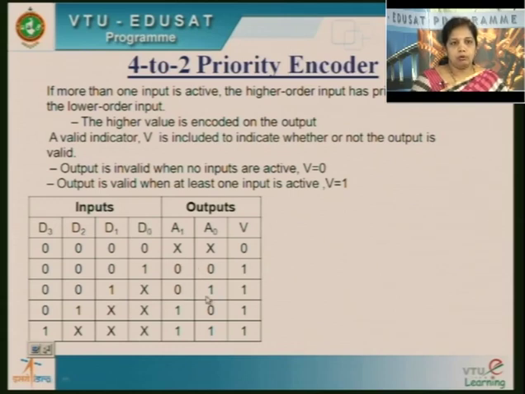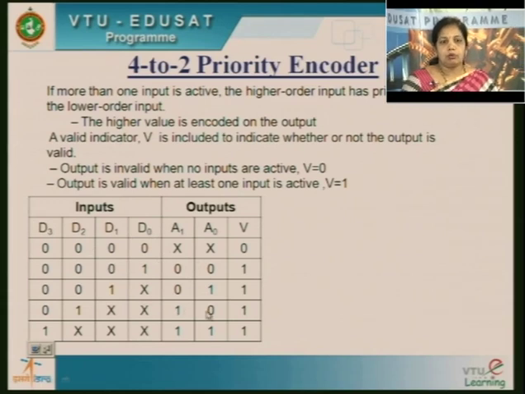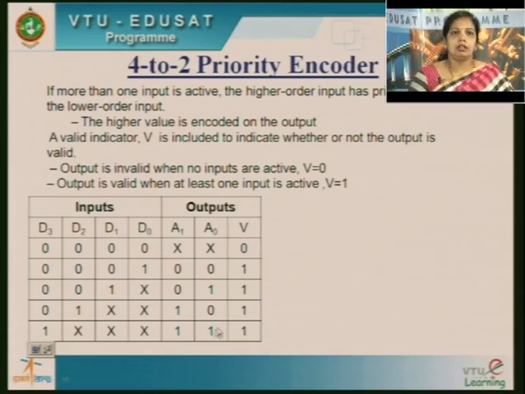For D1, my code is 0 1. For D2, my code is 1 0. For D3, my code is 1 1. So I am going to generate a particular code whenever I apply the inputs. Even though I apply more than one input, the higher order input will be considered and particular bits will be generated.